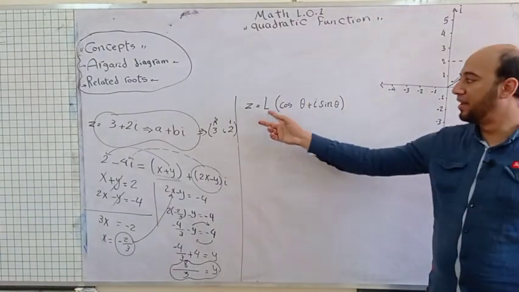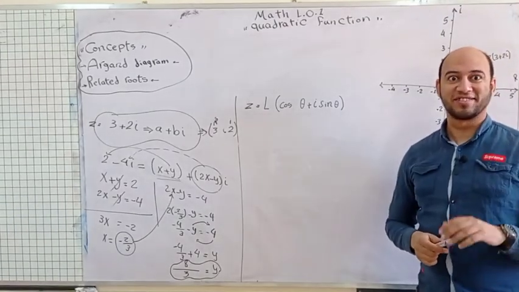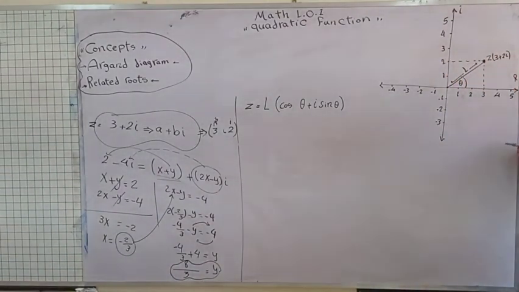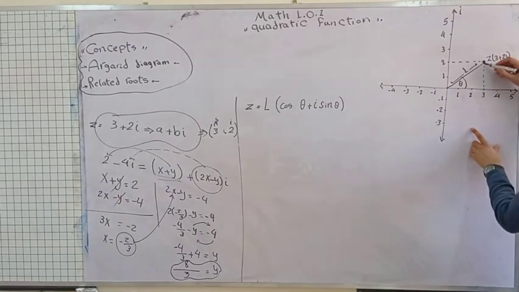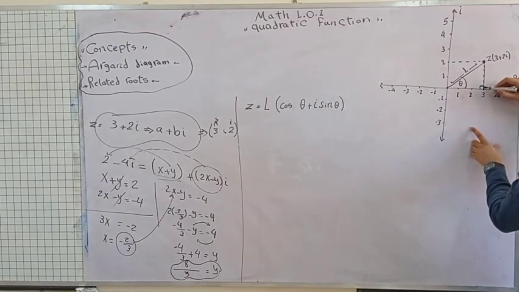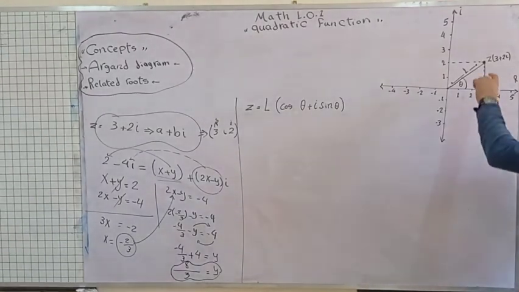How can I get L? How can I get theta? How can I get L? From the Pythagorean theorem. Because this is a right angled triangle, by the way.